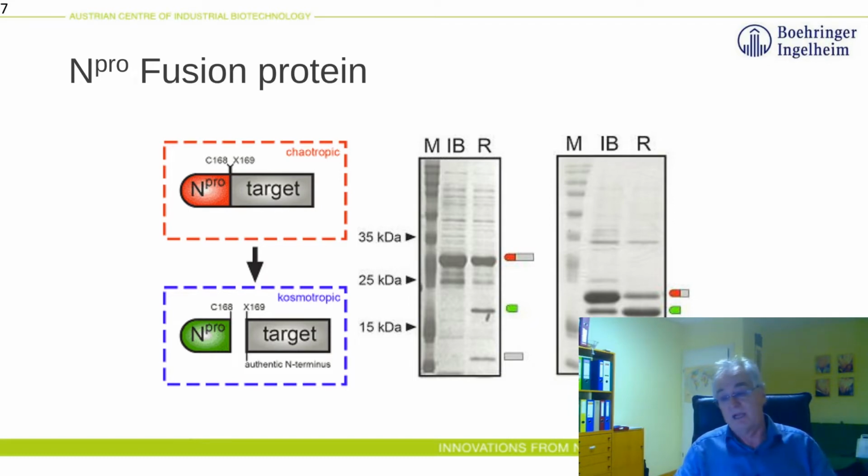The advantage of such a system is that it overexpresses quite a lot of protein, and the inclusion bodies can be washed and are already pretty pure. The disadvantage is that you have to refold, and a lot of scientists don't like this refolding.